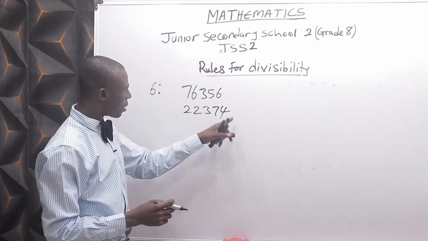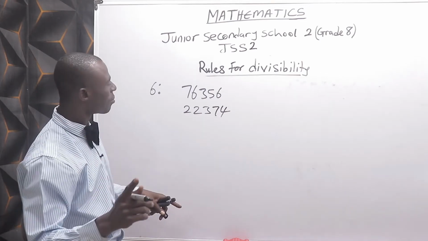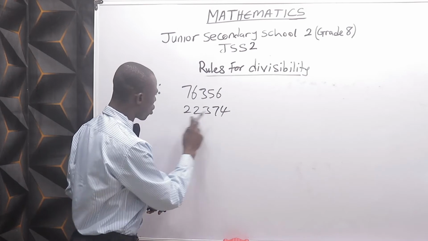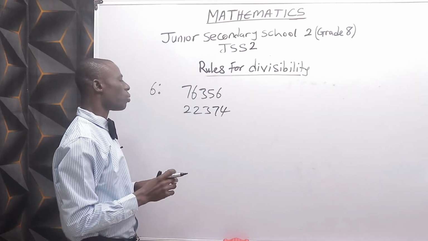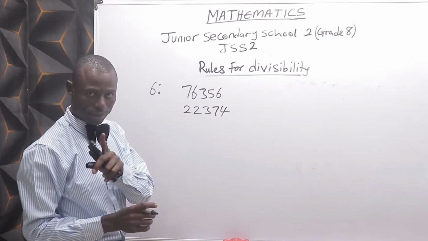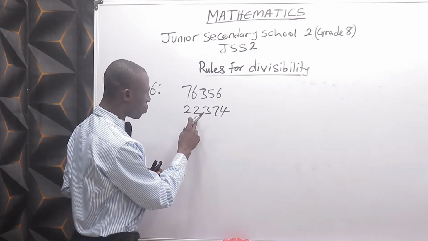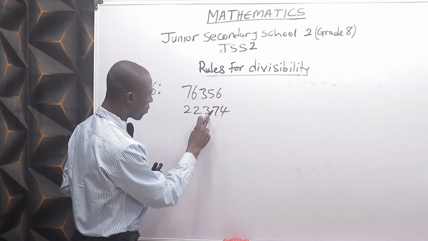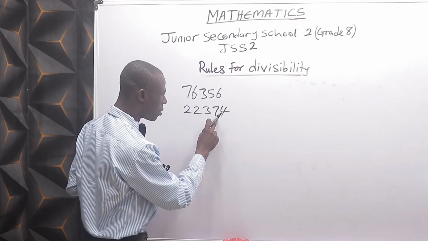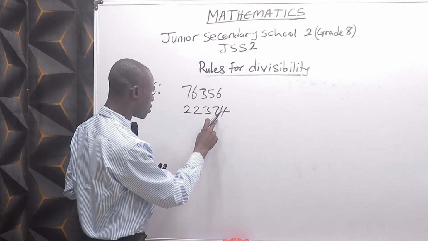So let's see qualification number 1. The last digit is even. Let's see whether the sum of the digits will be exactly divisible by 3. 2 plus 2, that's 4. 4 plus 3 is 7. 7 plus 7, that is 14.